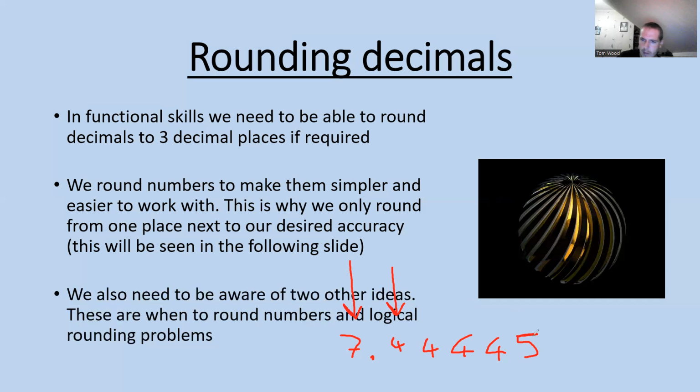I'm not going to go all the way back here and say, well, 5 will make this become a 5, and that will make this become a 5, and this become a 5. You'll get more of this in the next example, but we only work with the value next to the one that we want to use because we are trying to save time. We'll look at the main concept, which is rounding. The other thing that you need to be aware of is something called logical rounding, and we'll have a quick look at that in a second as well.